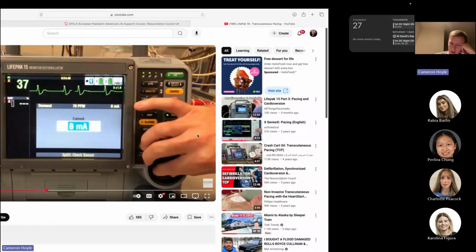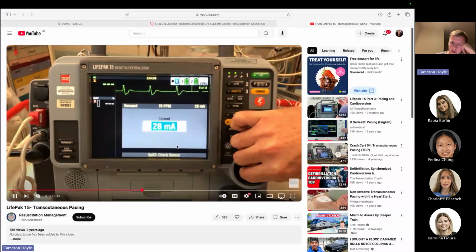The next thing you're going to do is increase the amplitude of the pacing, of how much energy is going through the defibrillation pads. You increase that slowly until you see on the strip that every single pacer spike has got a QRS complex directly followed by it.